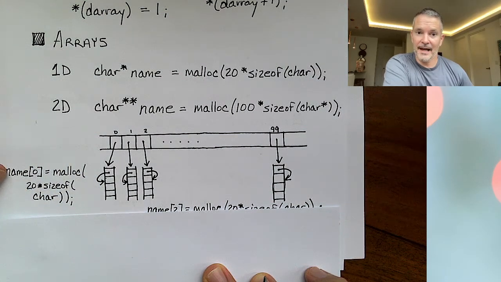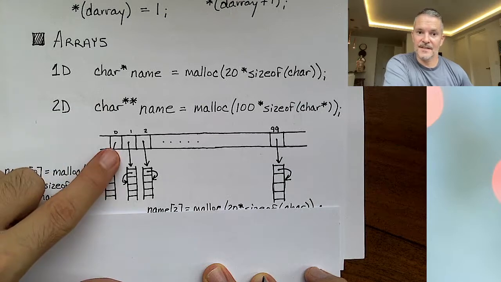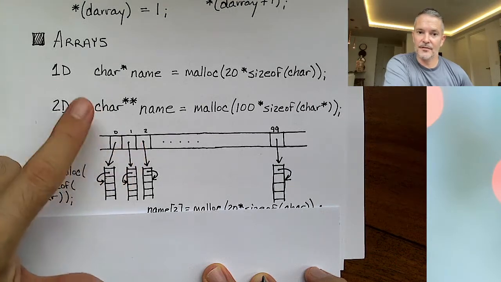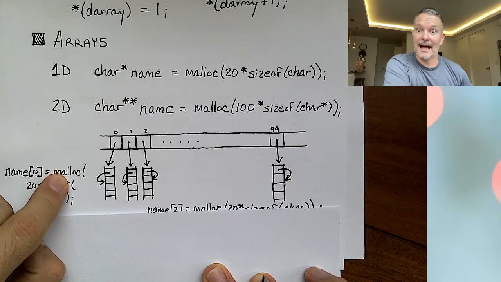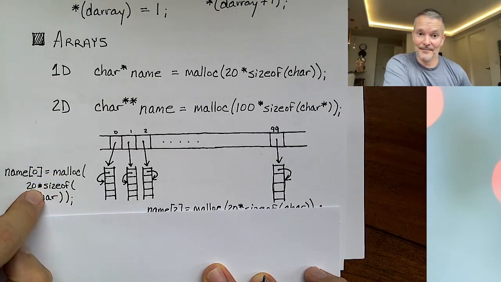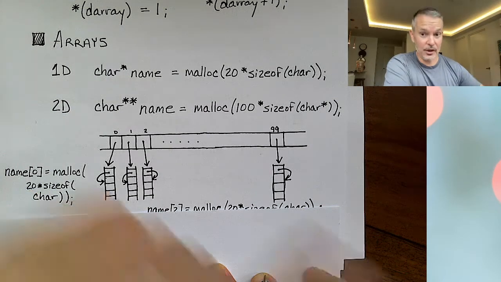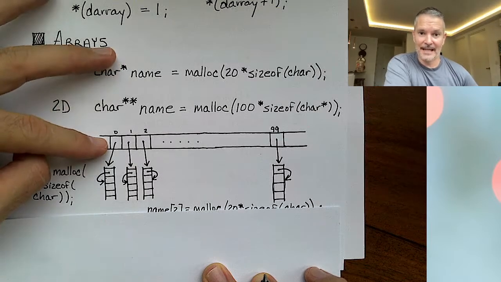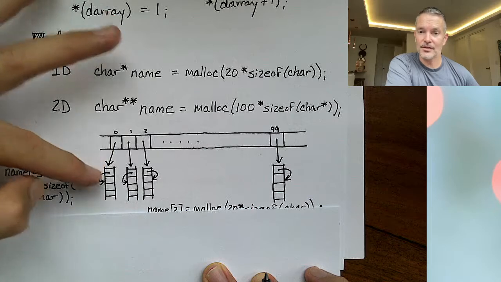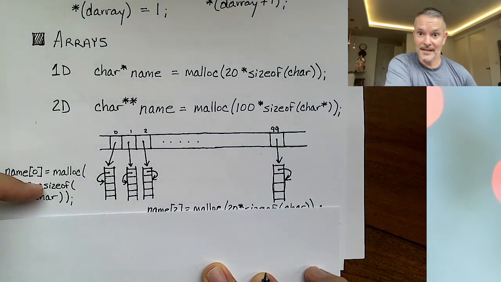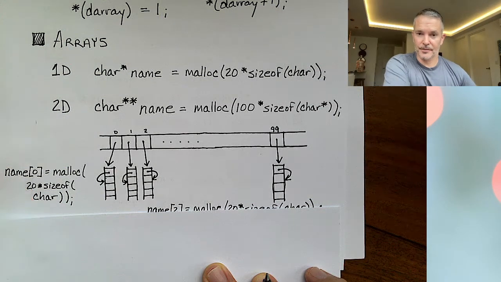So the way I do this now is I'm going to visit each element of this first array, the name array, and I'm going to allocate again a space for 20, not char stars, but chars now. So I've allocated space for 100 pointers. Each pointer points to space that is big enough to hold 20 characters.